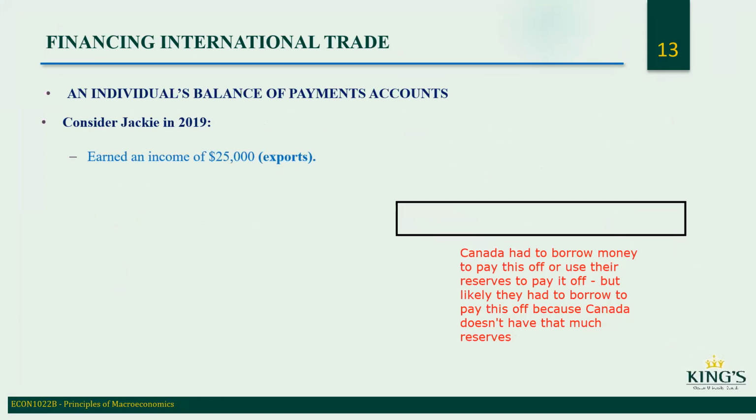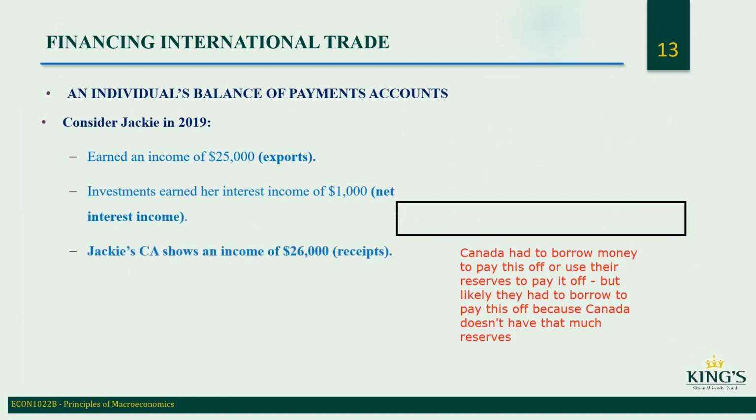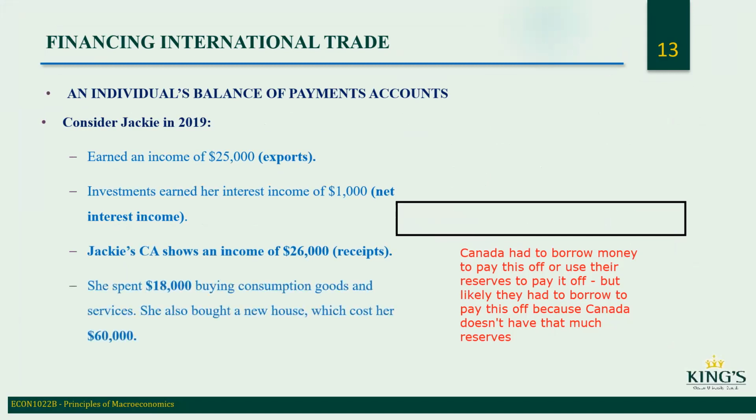So here is an example of a real-life balance of payments account. Someone earns $25,000 of income and earned interest income of $1,000, so adding those two up, they have an income of $26,000. And then they had about $78,000 in payments.